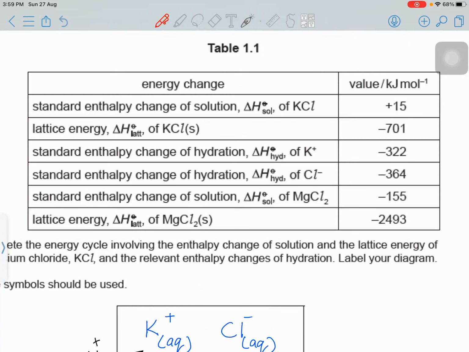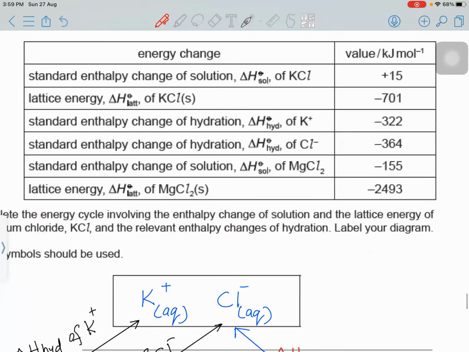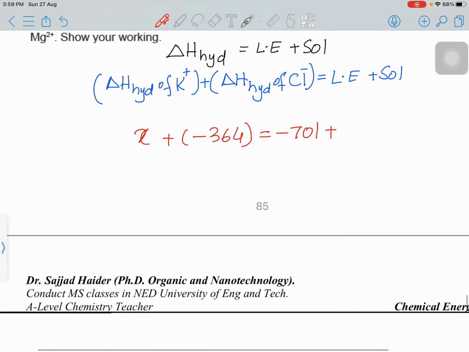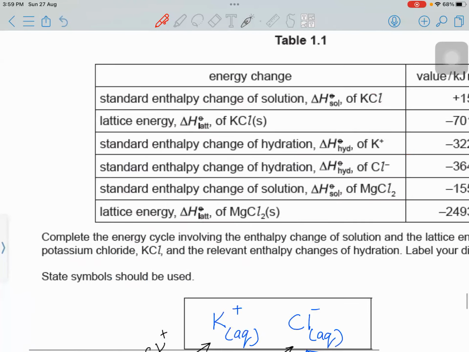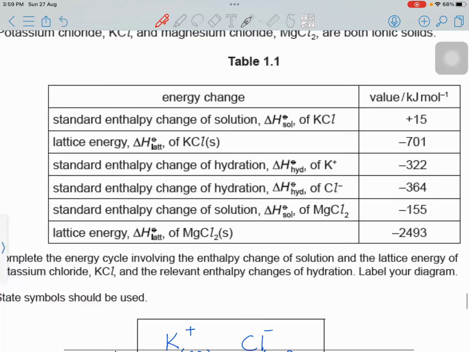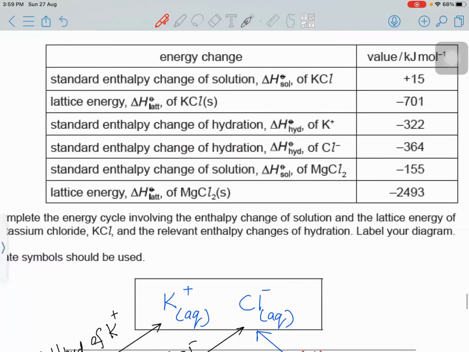Enthalpy of solution of potassium chloride. Can you tell me the value of potassium? Enthalpy of solution is plus 15.